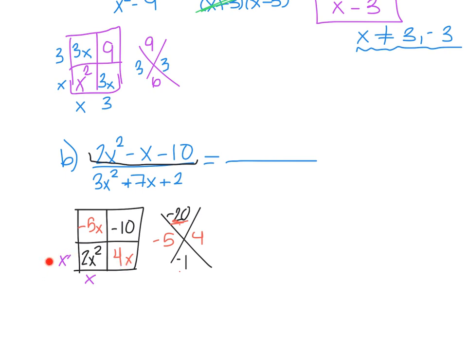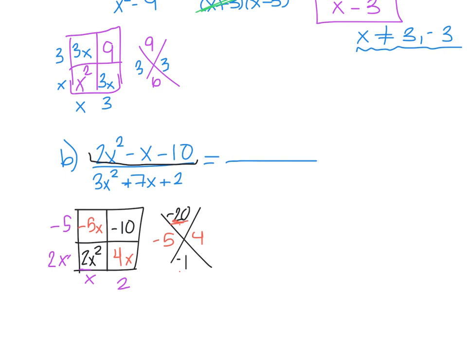Since 2 easily multiplies to 4 when you multiply it by 2, that's where I'm going to put this 2 right here. So now I know that when I have 2x here, that means this entry needs to be a 2. And this would be negative 5 up here.